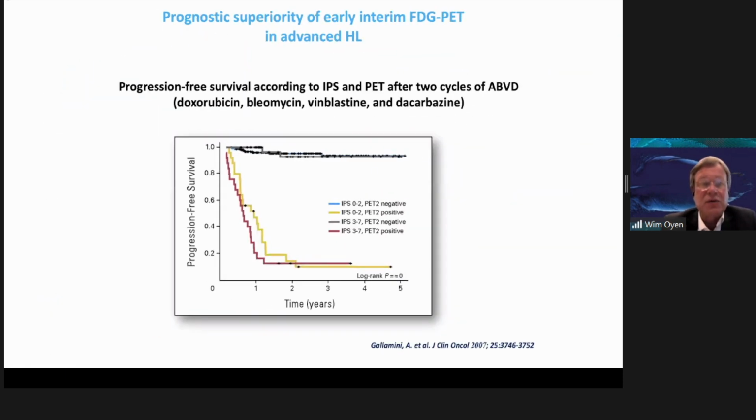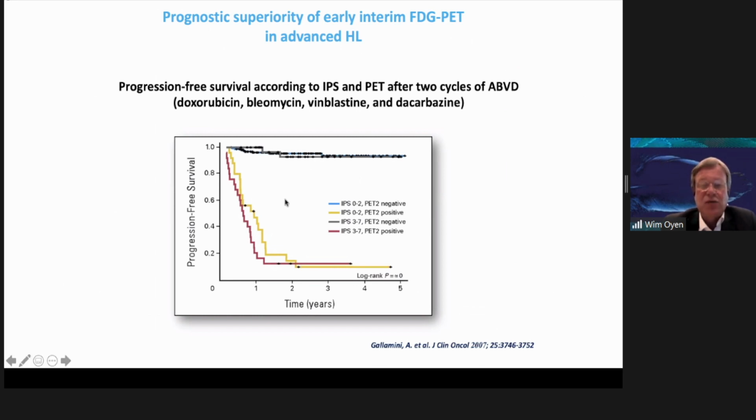Switching gears now to advanced Hodgkin's lymphoma, this was the study that sparked the interest here. A study by Gallamini, published in 2007 in the Journal of Clinical Oncology, basically observed that the PET after 2 cycles was more predictive for outcome than the international prognostic score.